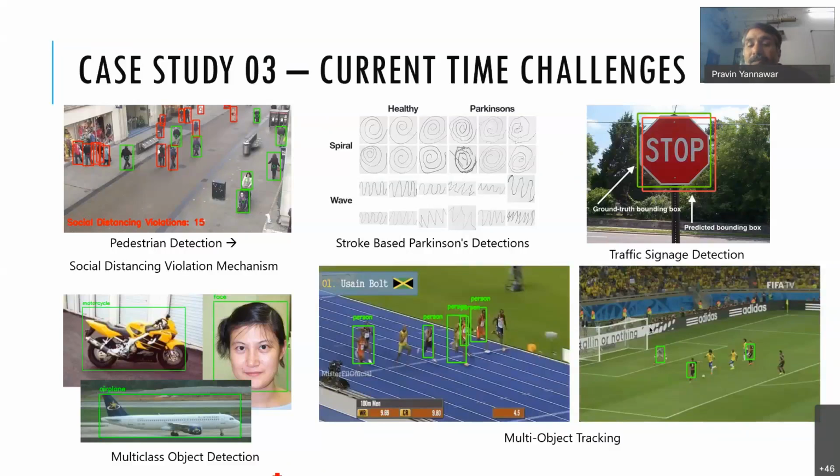Then you can go for multi-class object detection like motorcycle, face, airplane, and likewise. Okay, now you have a stylus. For example, you have a stylus and you want to detect stroke-based diseases. Stroke-based Parkinson's disease means the person who has Parkinson's is not able to draw the line in a very appropriate fashion. So you can go for a healthy patient and a Parkinson patient. You can easily see the change.